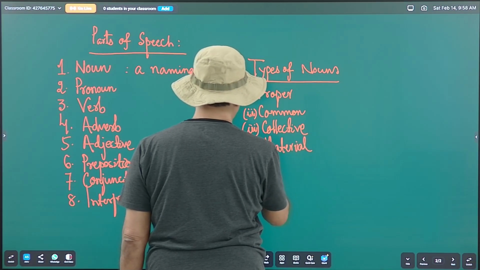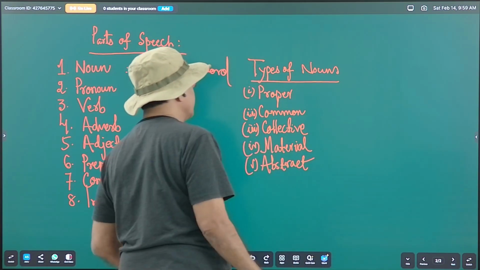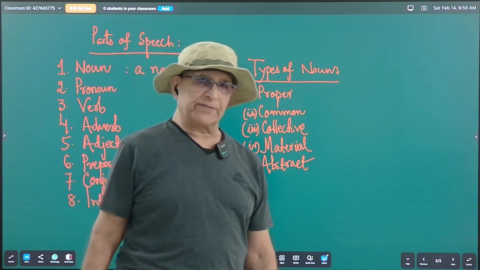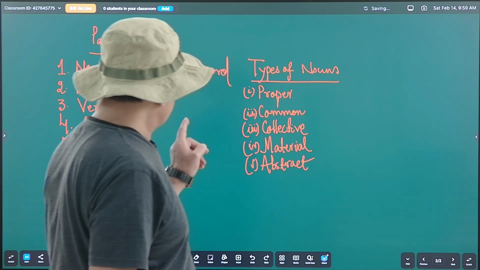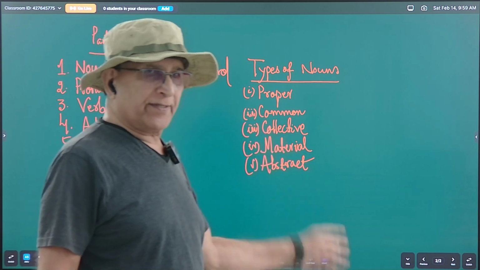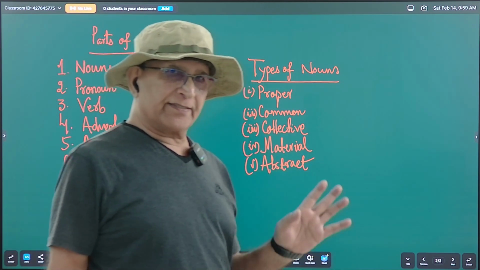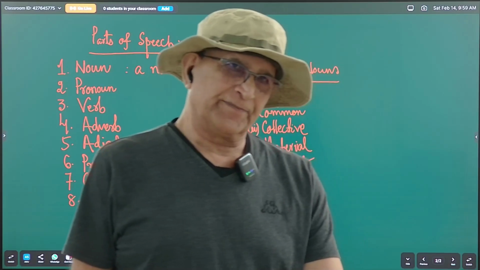And the last one, abstract noun. You see, these are all 5 types of nouns. They are these: proper noun, common noun, collective noun, material noun, and abstract noun. This is according to the old classical grammarians.